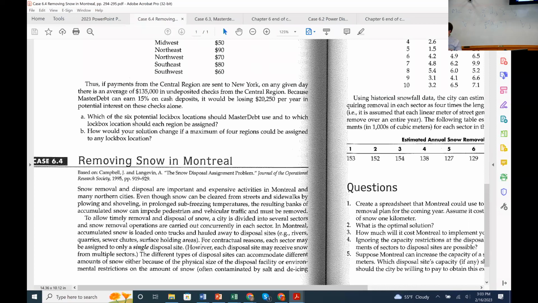So in some respects, this is very similar, and it's actually simpler than the previous problem because we don't have the c_j times the y_j. We don't have to pay the fixed cost to use the disposal site.